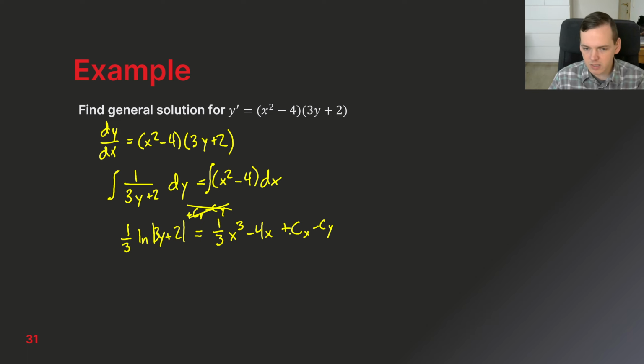Those aren't the same c, so I'm just going to replace them with another c that I'm going to call c. This is a shortcut in math that we'll deal with a lot in this context, where any constants that interact with c, we just swallow them up into the c and call them c.